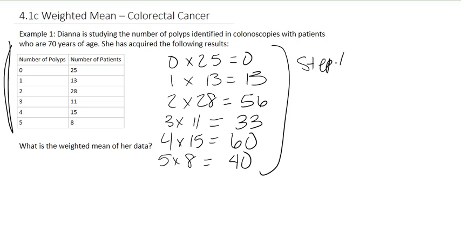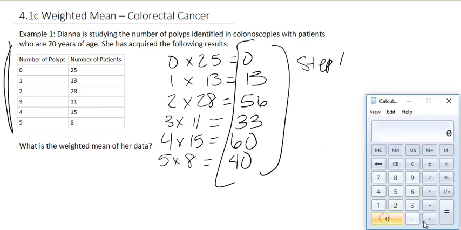Now we move on to step 2, and we add up all these answers to get step 2. So we would add 0 plus 13 plus 56 plus 33 plus 60 plus 40, which is equal to 202.